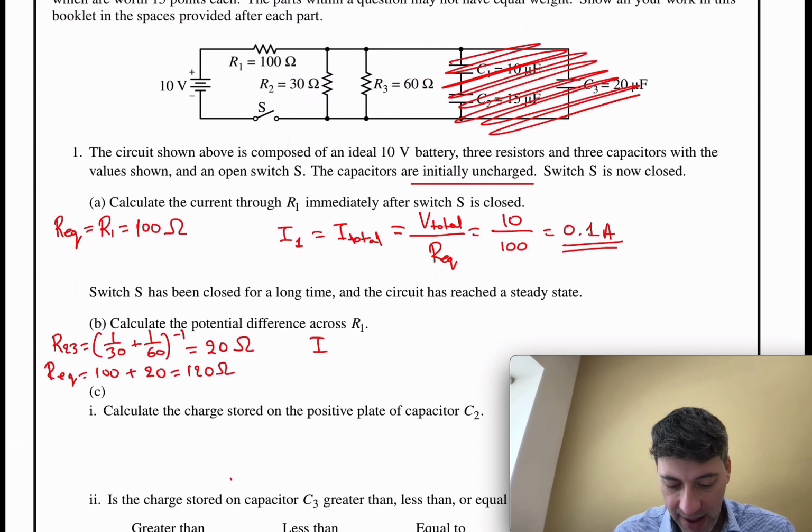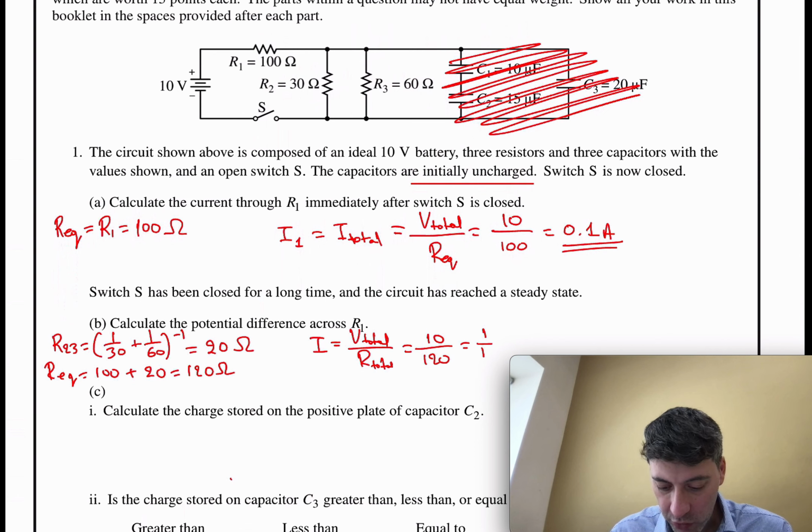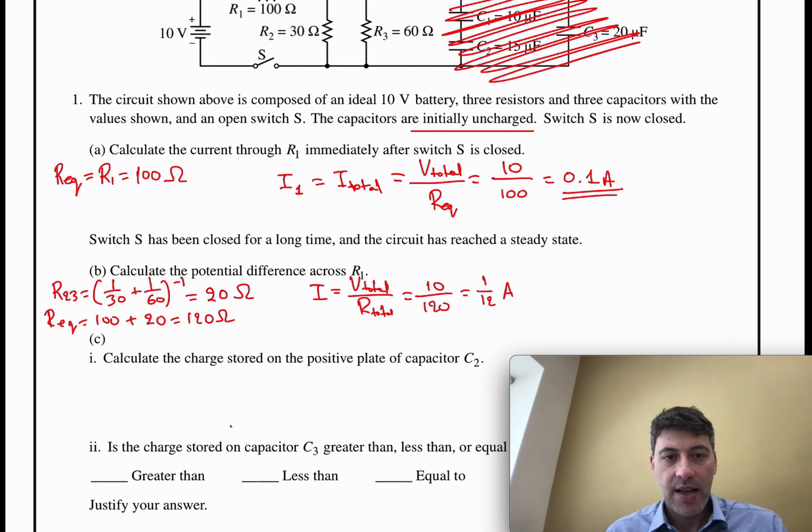So the total current will be V total over R total. So V total is 10 divided by 120. This is 1 over 12 amperes.